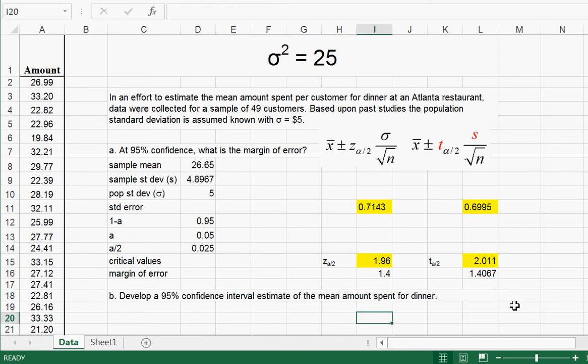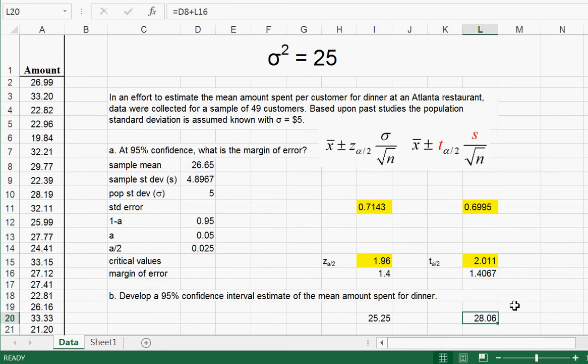Now what about the confidence interval? What do you do? The sample mean minus the margin of error. You guys see it? That's the lower limit. The sample mean, x bar, plus the margin of error, the estimated margin of error.